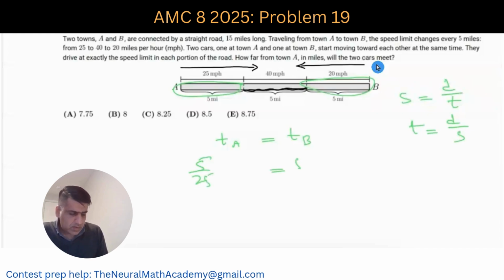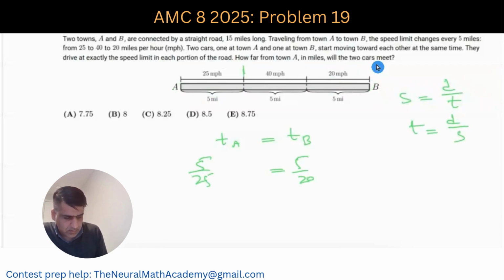Now we don't know where they will meet in this portion, right? So what we can do is assume, let's say that this is Z, and then this is 5 minus Z. If we add that up, it is 5, right?